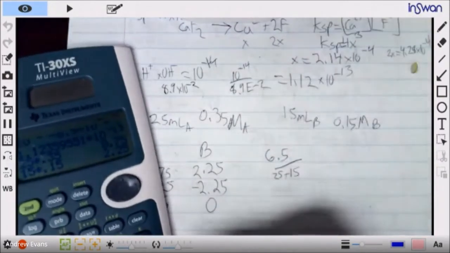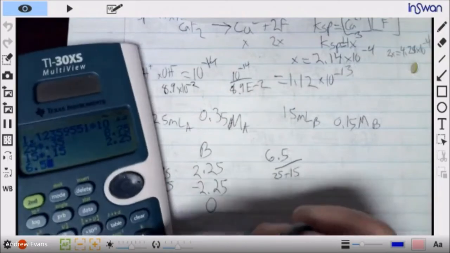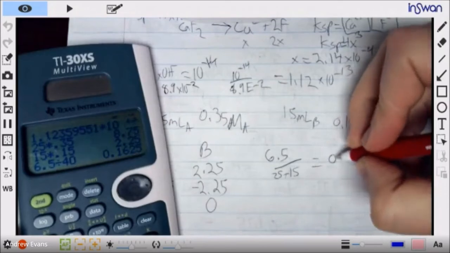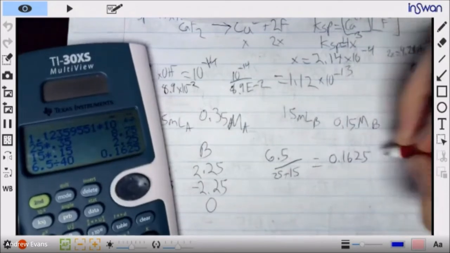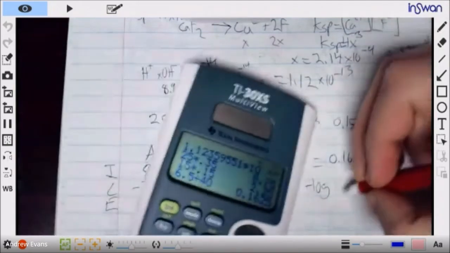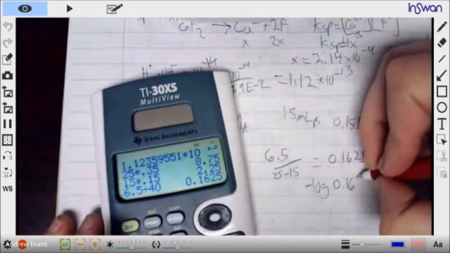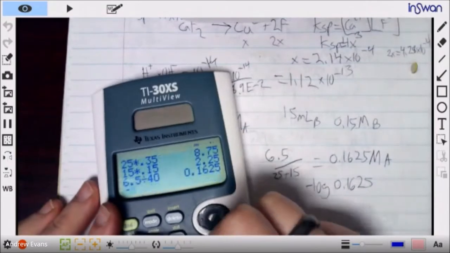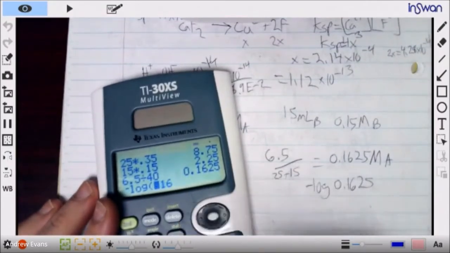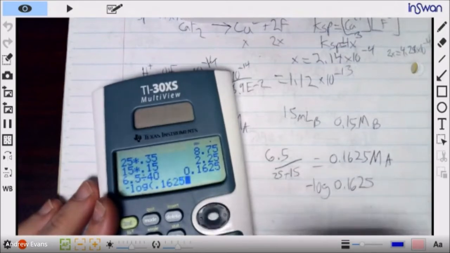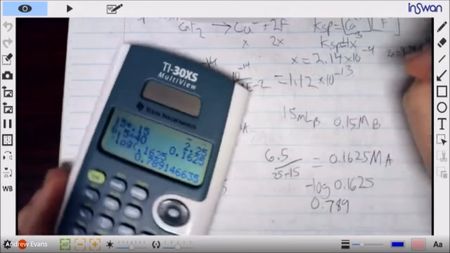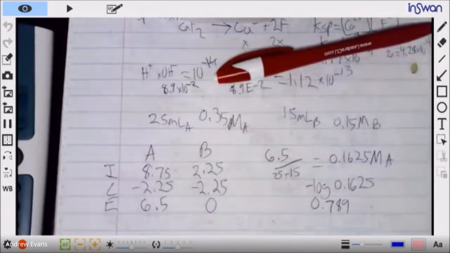So 6.5 divided by 40, the molarity of acid is going to be 0.1625 M. Negative log of this number, 0.1625, gives us 0.789. That's our pH.